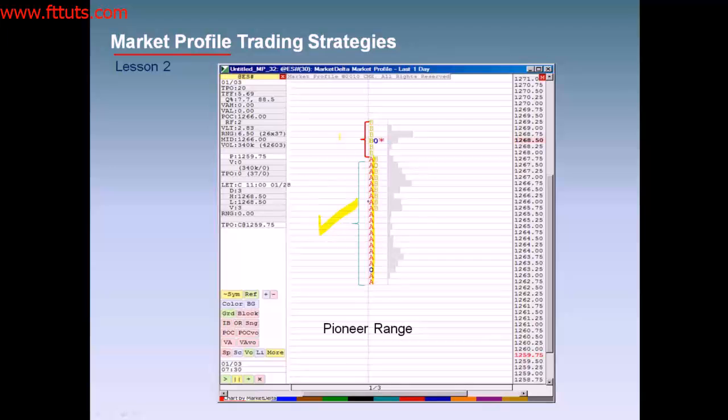The second pioneer range came when we got into the B period and started a range extension. As we got into this range extension, prices went into some new territory. That's the first time they hit this price range. So in this picture you see two pioneer ranges.